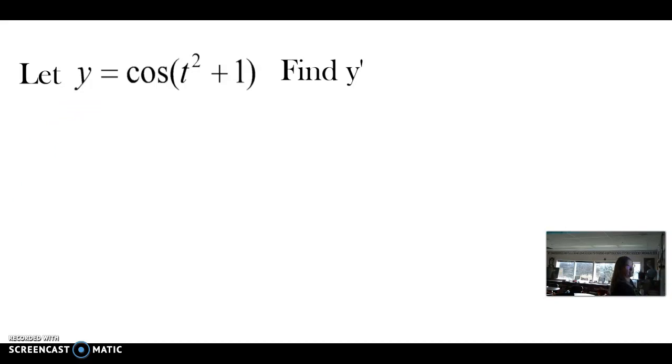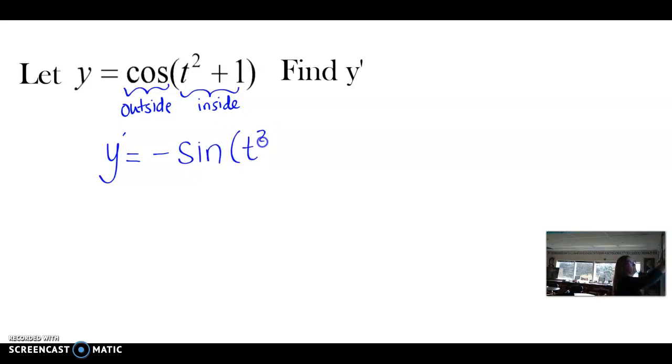I am going to take the derivative by determining what the outside function is. The cosine function is the outer function. So cosine of t squared plus 1, the inside is this t squared plus 1. We take the derivative of the outside, so think about what that is. It's a negative sine.